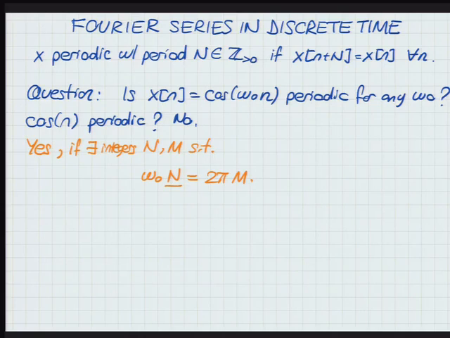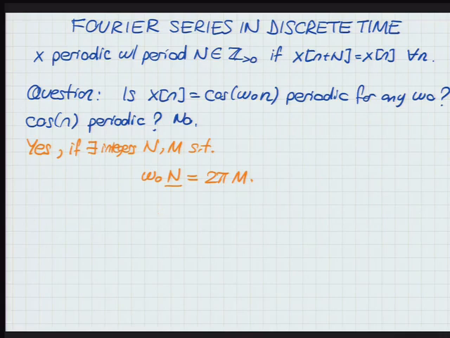So for cosine n, omega 0 is 1. If omega 0 is 1, the left-hand side is always an integer. The right-hand side is always an irrational, which will never be an integer, no matter what I multiply it with. That's why cosine of n was not periodic.